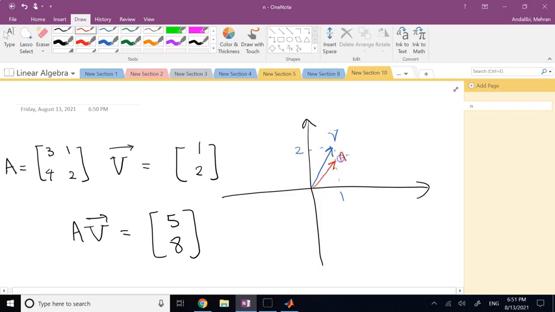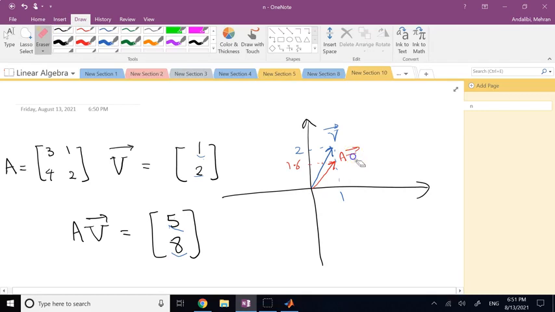So this is A times v. First of all, definitely the direction is different, but also the magnitude. The magnitude of A times v is actually larger. If you look at the magnitudes here, that's way bigger than these two. So that's the direction of Av, but not the entire vector Av.